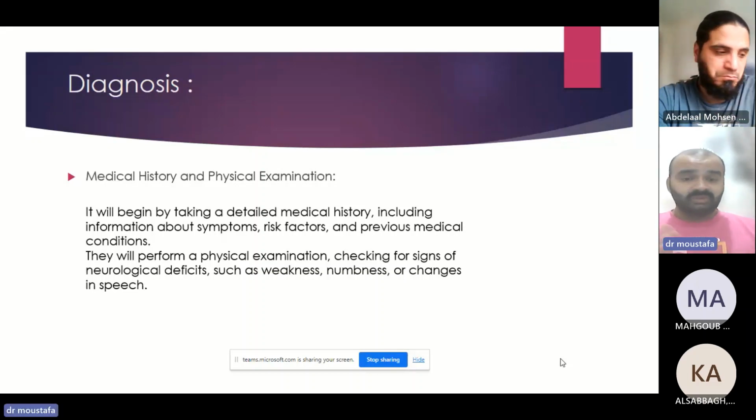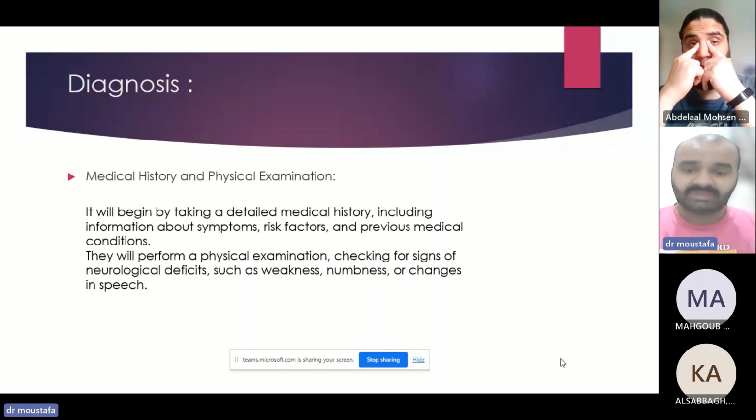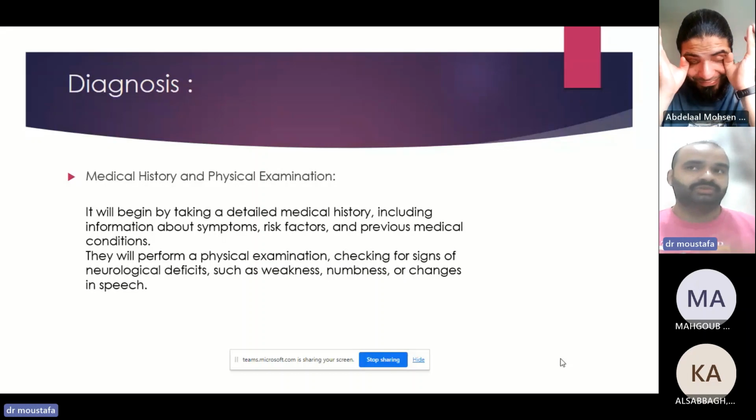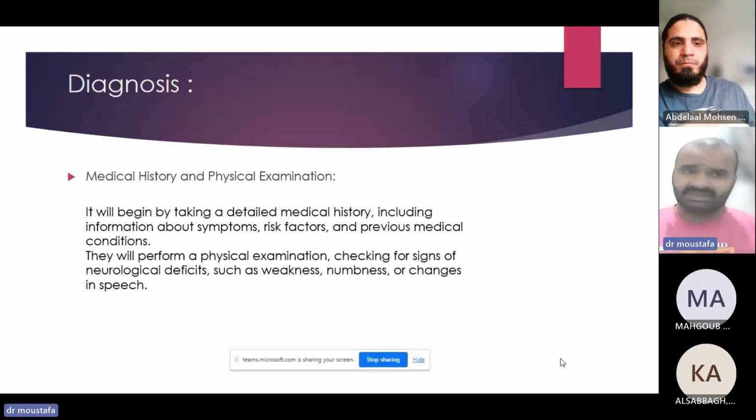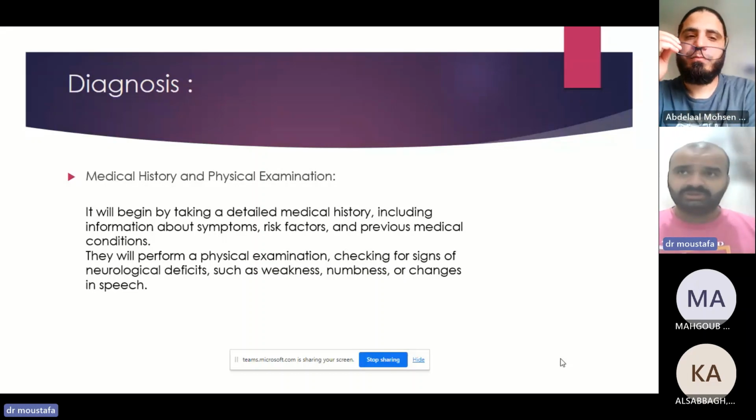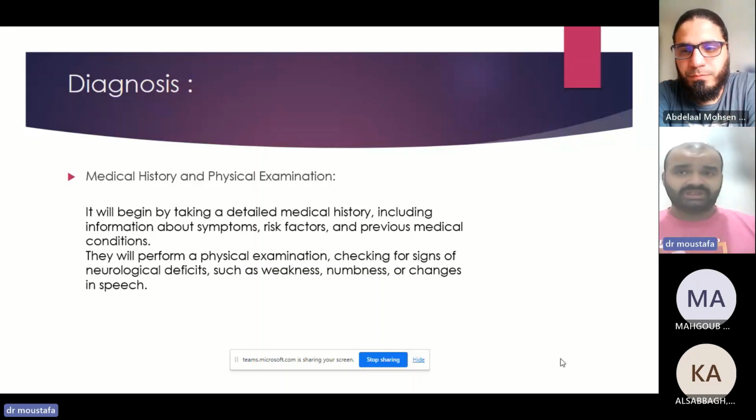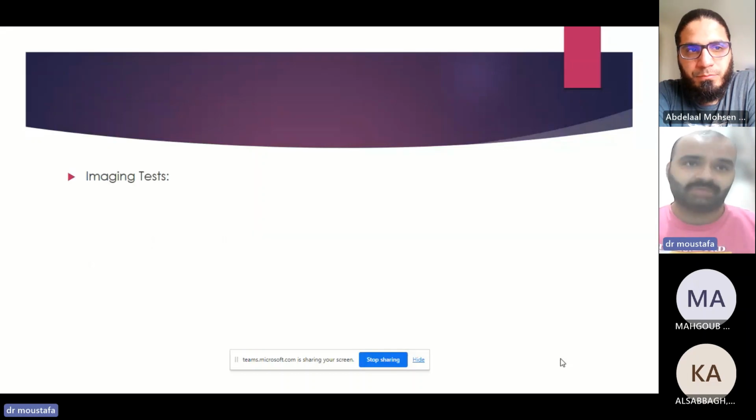Right? Then you will do the physical examination. You will check his weakness, his numbness, any changes in speech, any neurological deficits, any lateralization signs, anything. You will do a full neurological and general examination. Okay, this is step number one. What's step number two? Imaging.